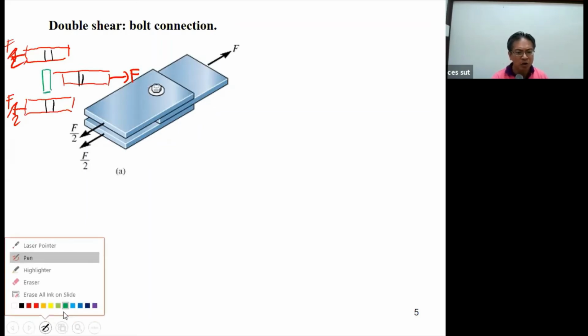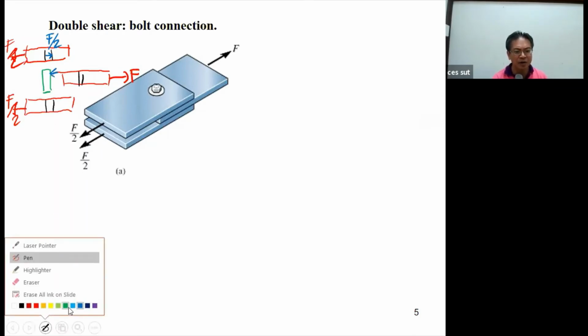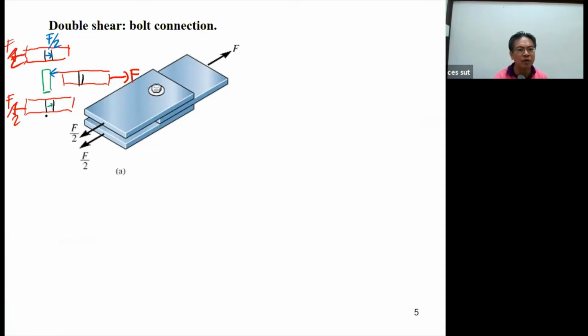And then to make the plate in balance, the force F over 2 will have the force F over 2 here, and it's going to act here. And then also we have the force F over 2 here, which is going to act here. And then the force F here requires the resistance force F here.